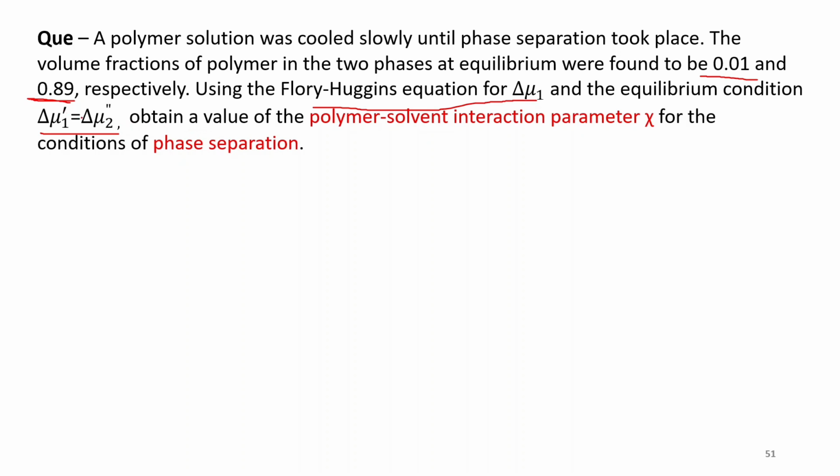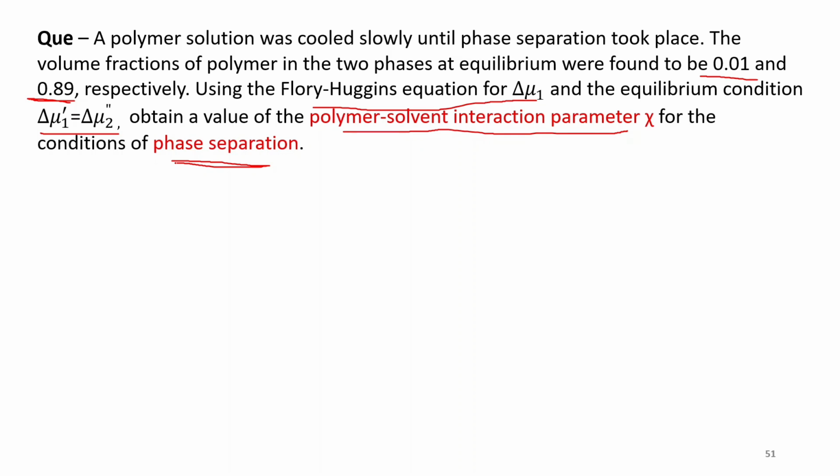It is saying delta mu1 dash is equal to delta mu1 double dash, and we need to obtain a value for chi, which is the polymer solvent interaction parameter at the phase separation. Like, one system is in a single phase and it is getting separated into a two phase system, right?